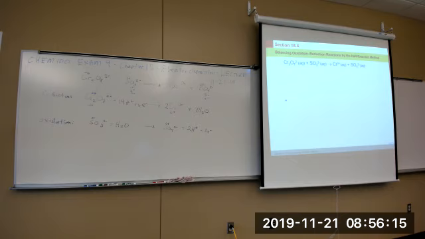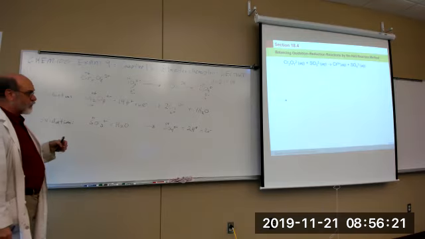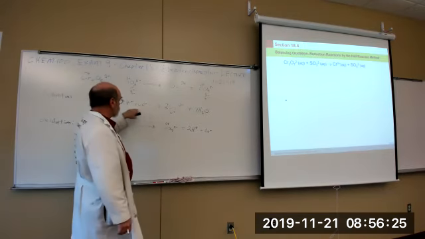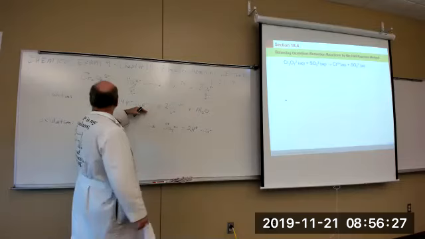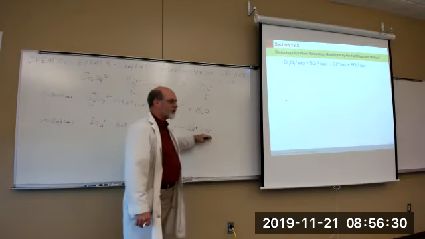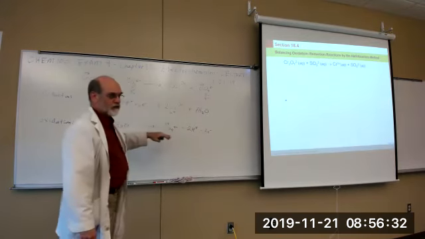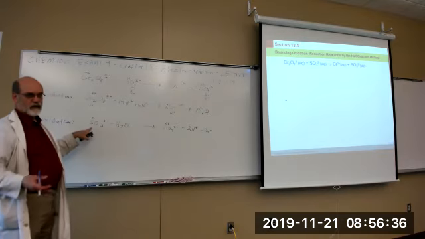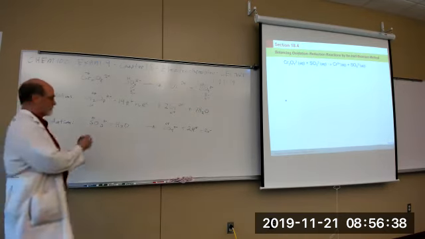Takes a little practice. Okay, now before we can add these back together, we have to balance the electrons. So this one transferred 6 electrons added in here for reduction and 2 here for loss. So how can we get 6 electrons out of this one? Multiply the whole thing by 3.